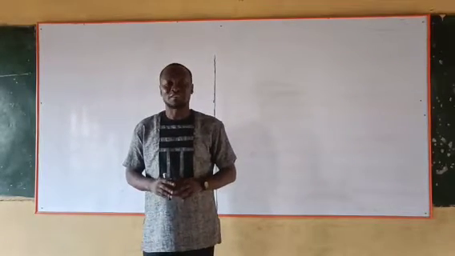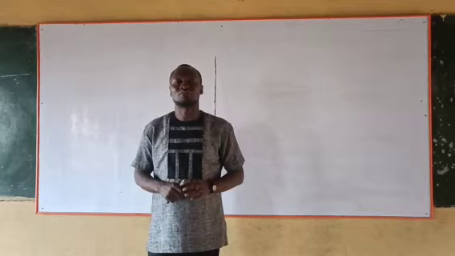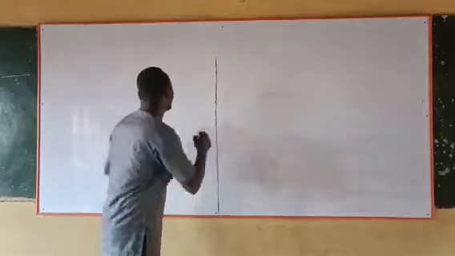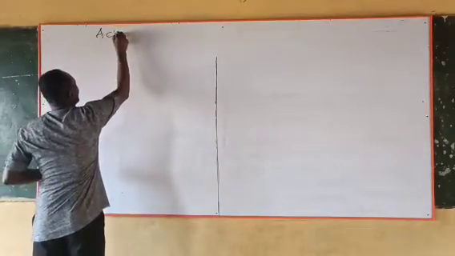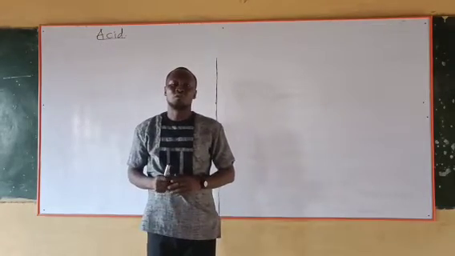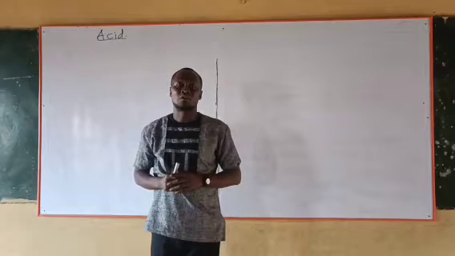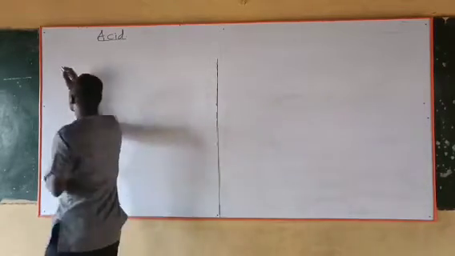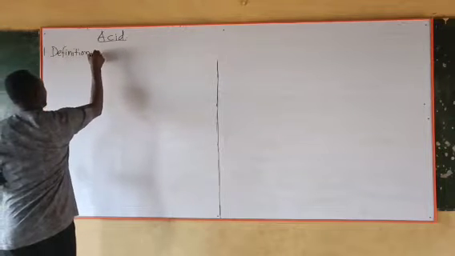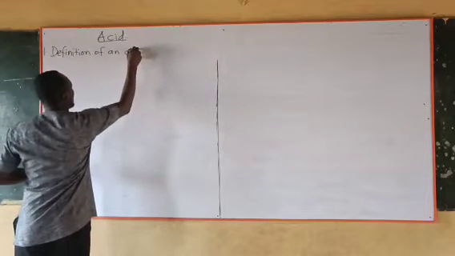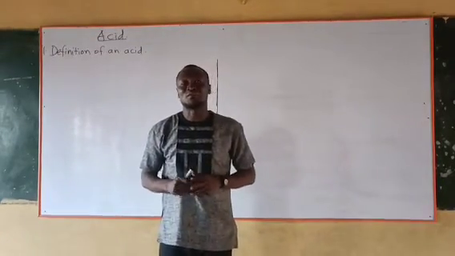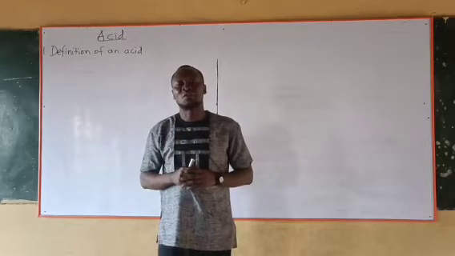Today we are going to discuss an important topic, and our topic for discussion is an acid. In the course of the lesson, we will discuss the definition of an acid. And again, we will also talk about the physical properties of an acid.